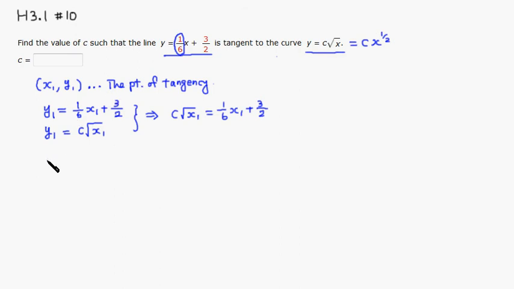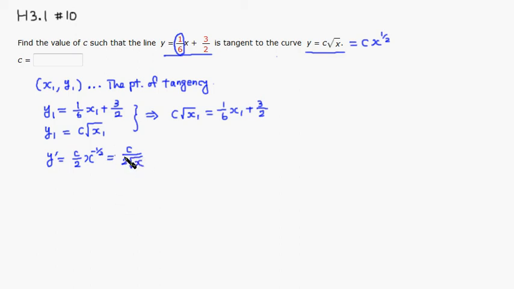If you take the derivative, y prime is equal to c times 1/2, so c over 2, and x to the negative 1/2. We can rewrite it as c over 2 times square root of x.